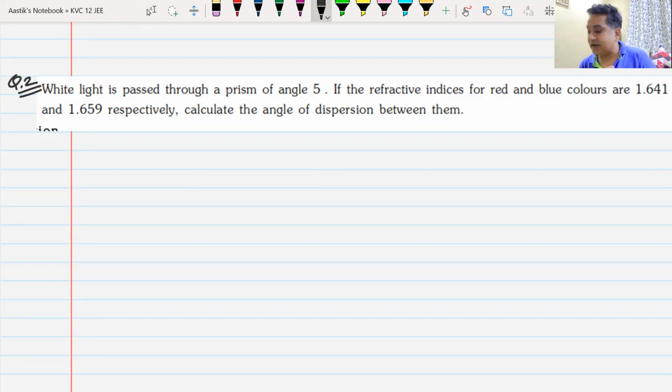When white light is passed through a prism of angle 5, the refractive index for red and blue colors, sometimes instead of violet they give blue, are 1.641 and 1.659. Calculate the angle of dispersion between them. They're asking you the angle of dispersion between red and the blue colors.